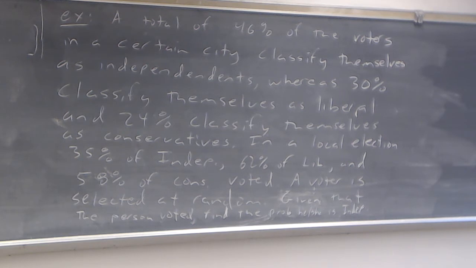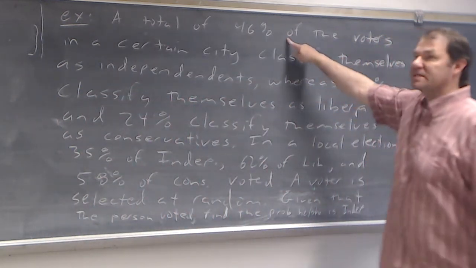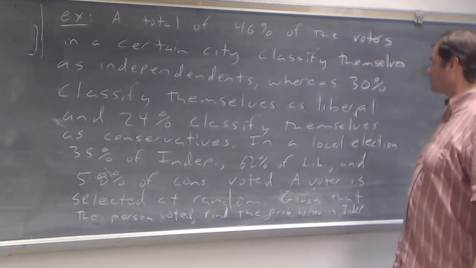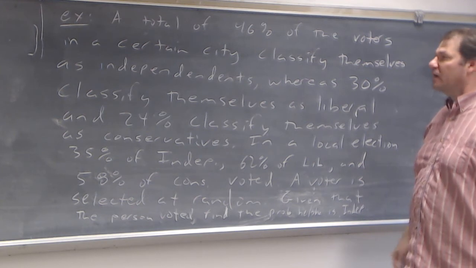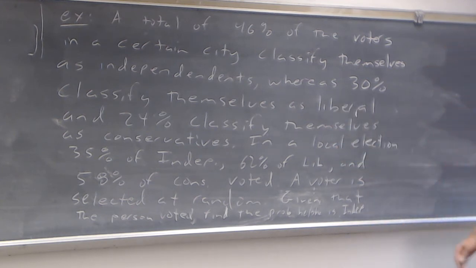Well, we need to be able to read the problem and gather what information is given to us about probabilities and conditional probabilities. The first thing that's told is that 46% of the voters are independent. The voters are kind of our sample space, if you will, of the voters of the city.